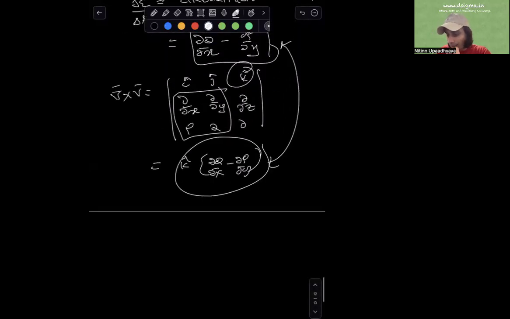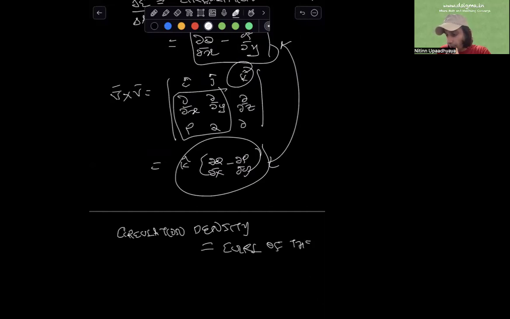Therefore, what we can say is that the circulation density is equal to the curl of the vector field. So in the previous video, we found that the flux density is equal to the divergence of the vector field.